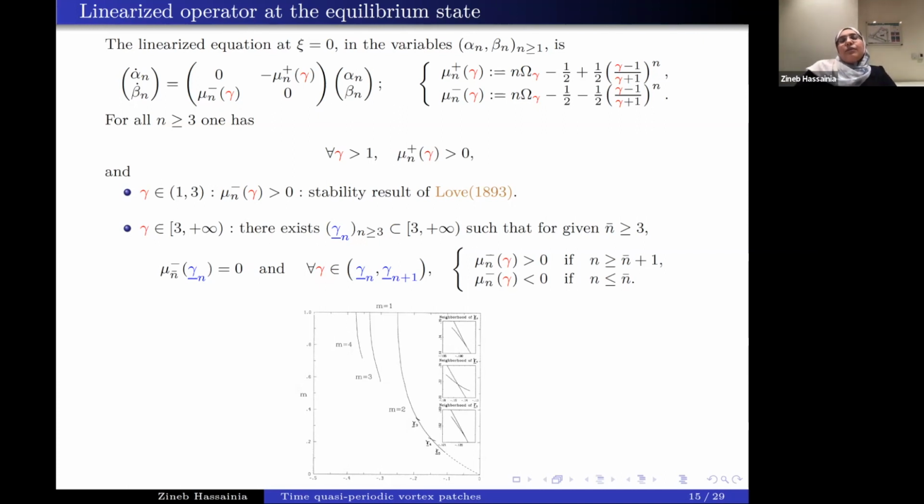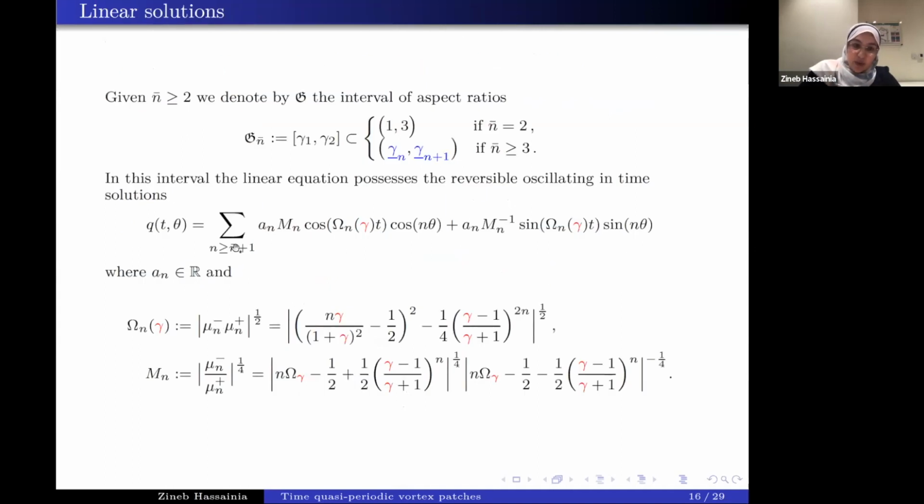So if we want to get oscillating in time solutions, we need to evacuate these degeneracies, the points underlined at gamma n, and also we evacuate the first few hyperbolic directions to get oscillating in time solutions to the linear system.